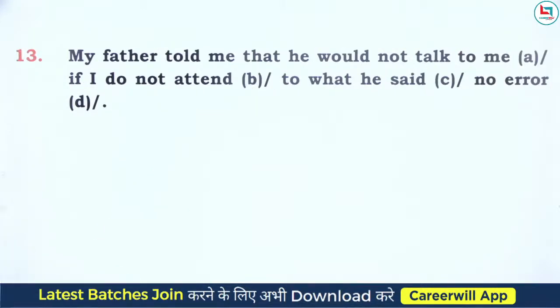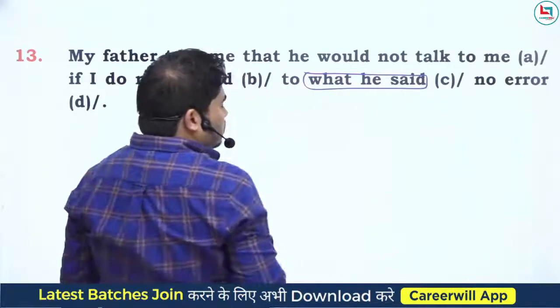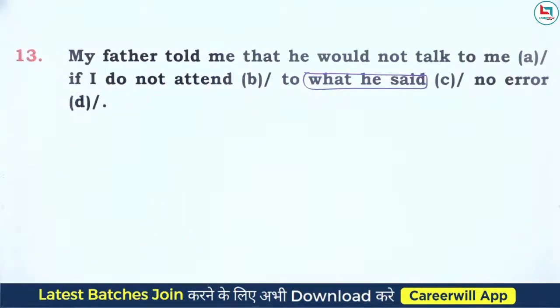My father told me that he would not talk to me if I do not attend to what he said. If I ask you what kind of clause is this, what he said, what kind of clause is this? My father told me that he would not talk to me if I do not attend.